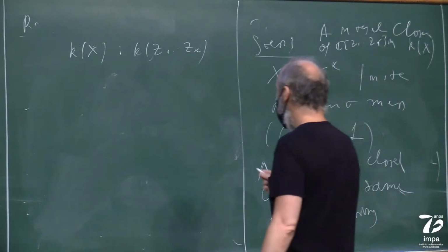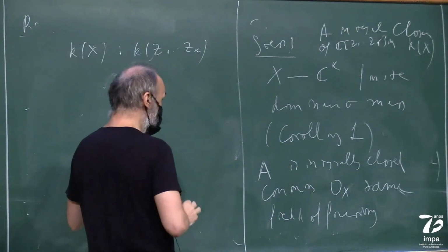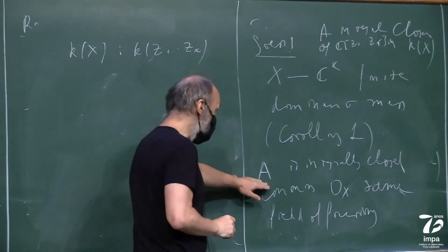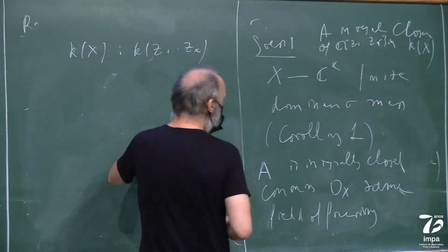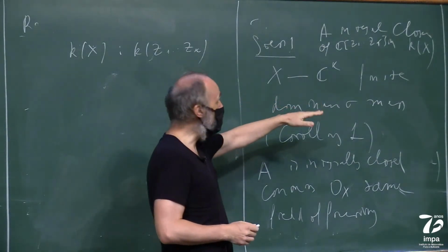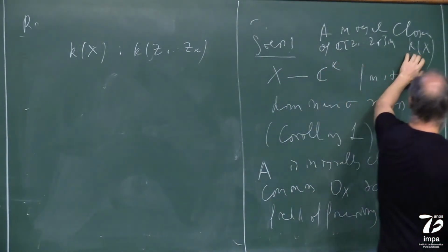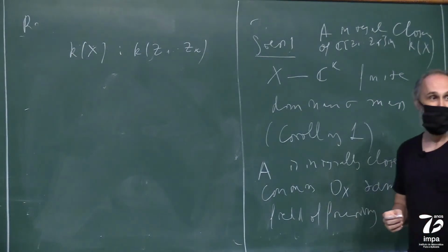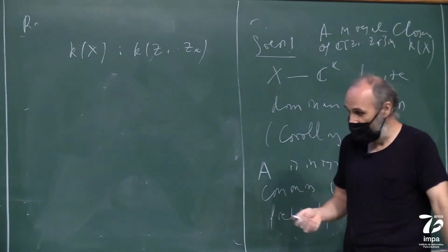So I want to tell you the properties of this ring A. It's by construction integrally closed, because it's an integral closure, and the integral closure is integrally closed.